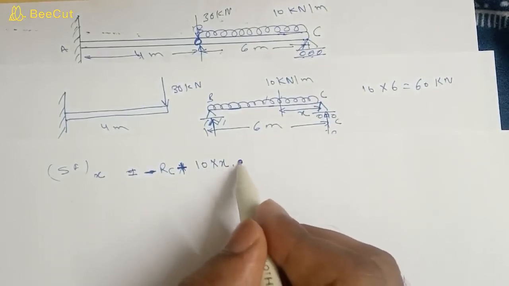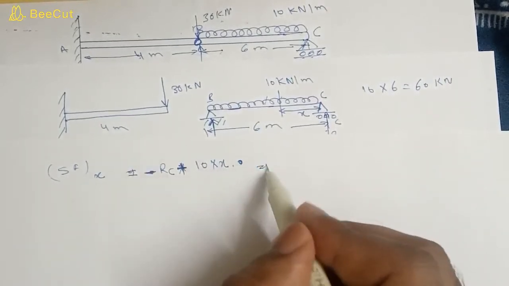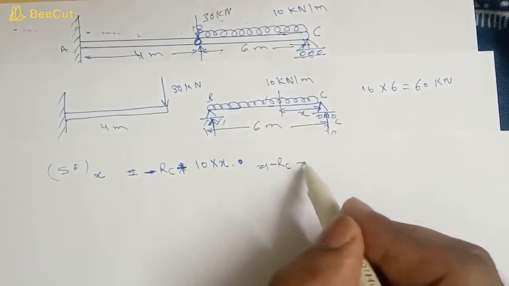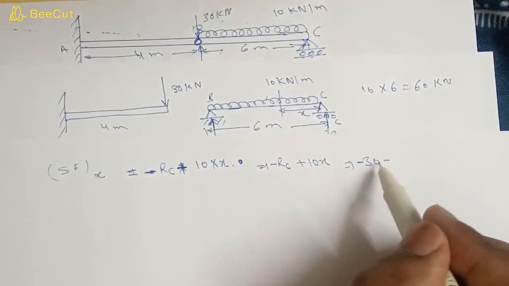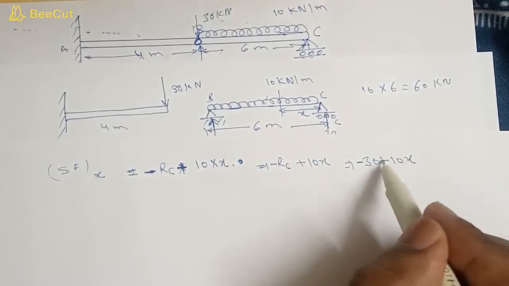So it will become minus RC plus 10x. So RC is 30, so minus 30 plus 10x.